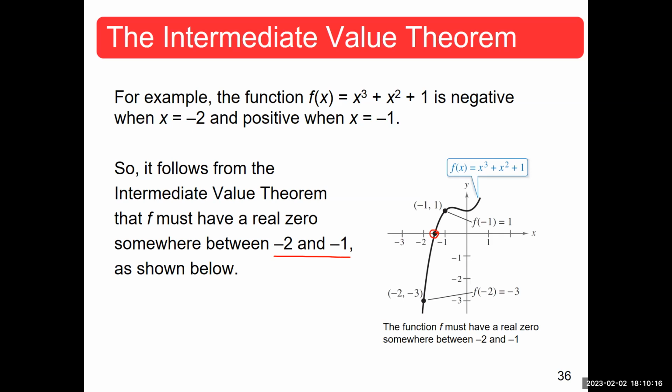Let's go back. We said try negative 1.5 plus 1 divided by 2, that's 1.25.